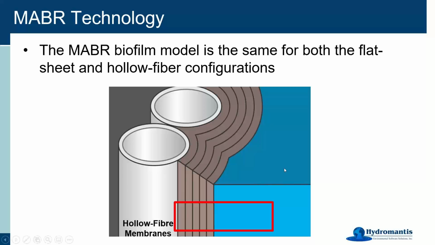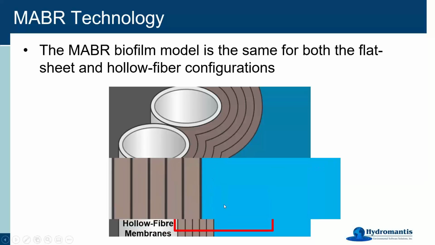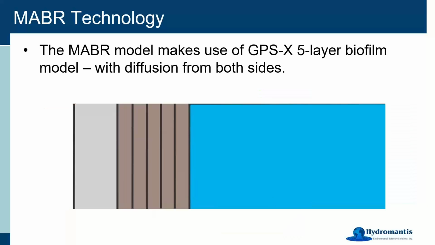So what I want you to do is focus on a slice of this particular reactor with the liquid and the biofilm and that membrane surface. If we blow that up, we have the membrane on the left, through which we will be diffusing gases, oxygen primarily. We have 5 biofilm layers, and these are treated in our model like 5 individual reactors.